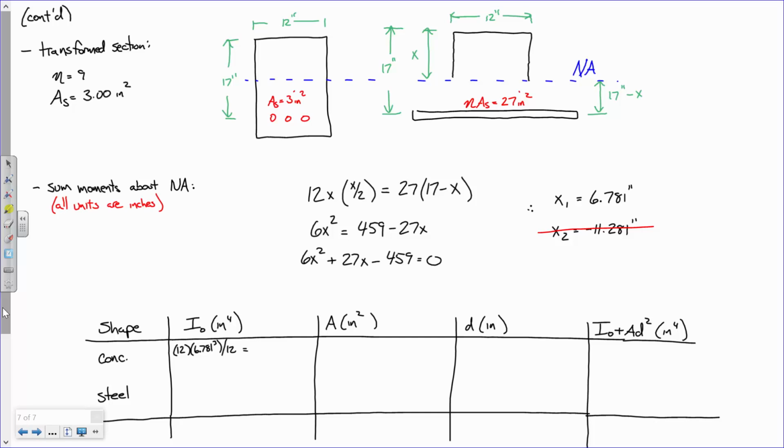So the 12's canceled, so what's 6.781 cubed? Sound good? What is the area of a box that is 12 by x? Just 12 times x. So what is 12 times 6.781?